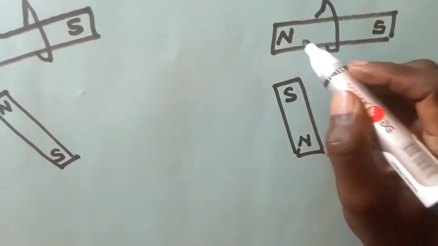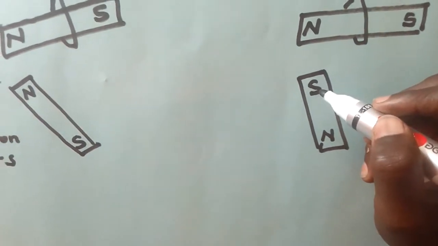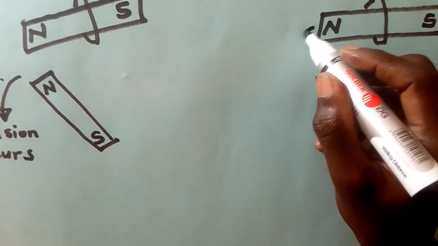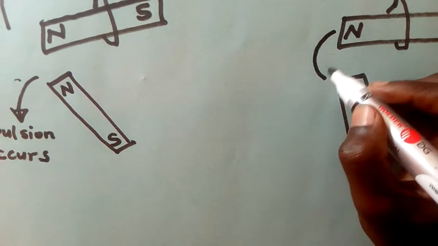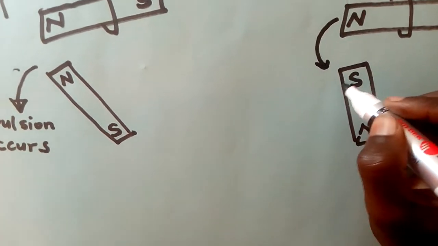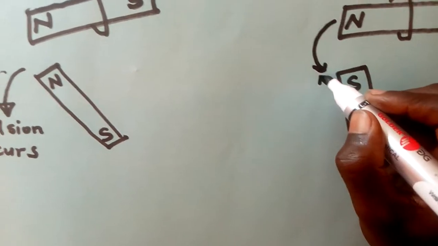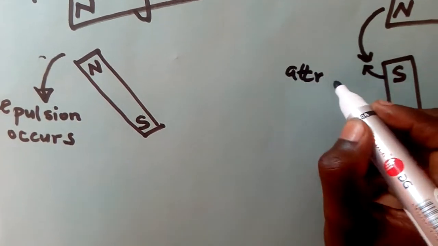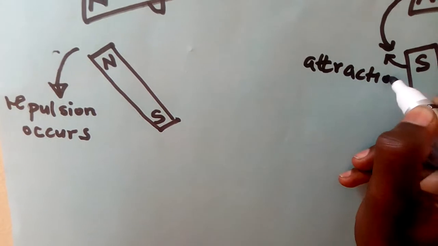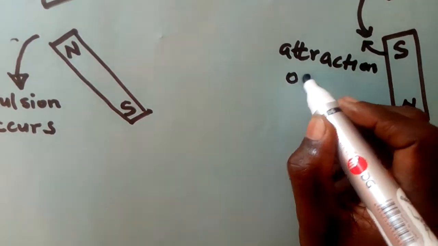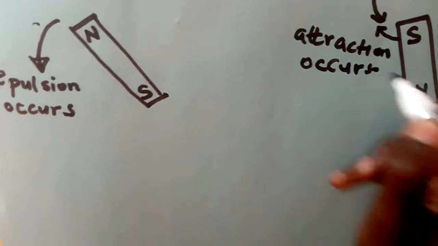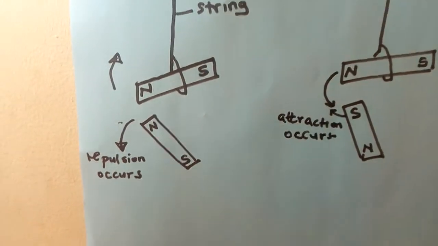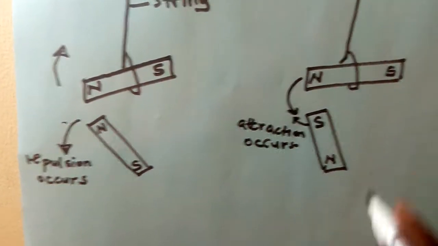This side, the north near the south. Here we expect them to attract each other. You see? This one will move towards the other, the other also moves towards. So here we are going to have attraction. Attraction occurs.